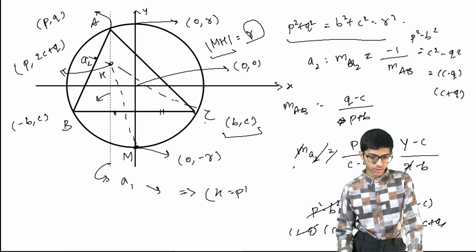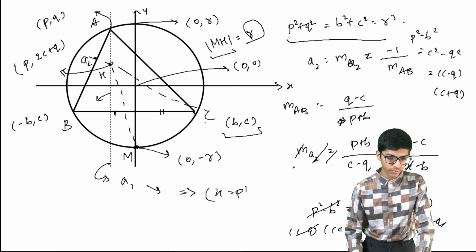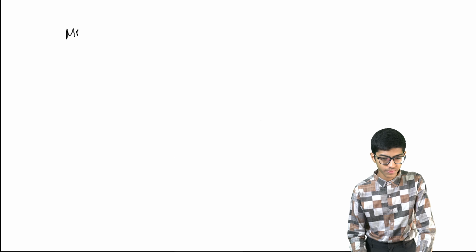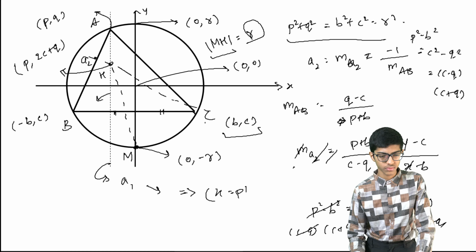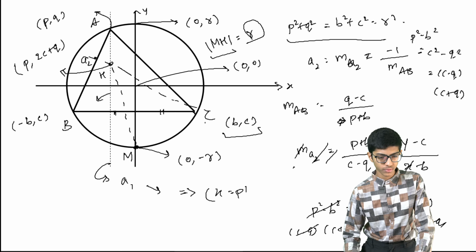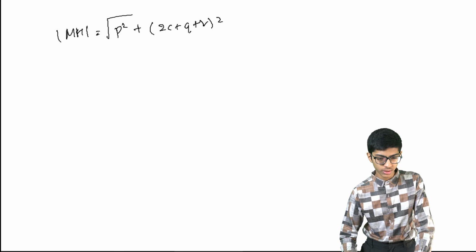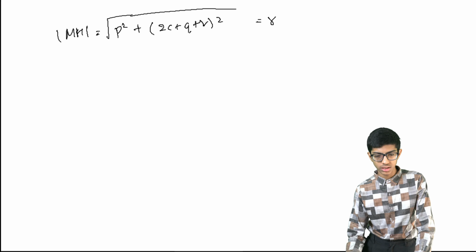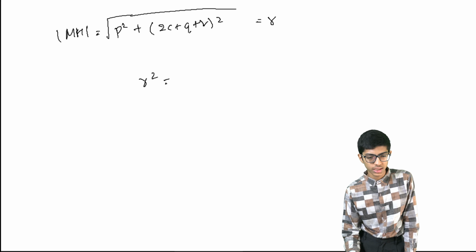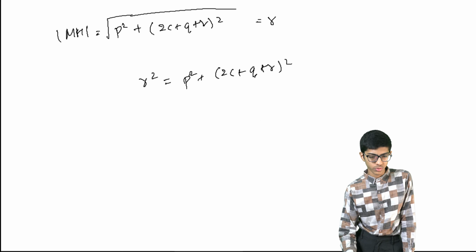For length MH we have the square root of p squared plus (2c plus q plus r) whole squared, and this equals r. So r squared equals p squared plus (2c plus q plus r) whole squared.